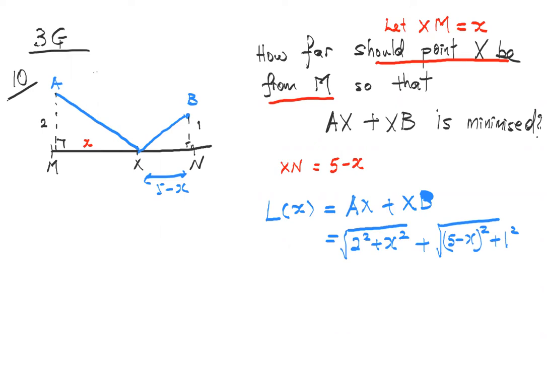In this case, I will not use the quotient method just now, because there is a plus. Clear? So I will just differentiate it separately. Now you continue with your differentiation. Square root of 4 plus x squared, plus square root of 26 minus 10x plus x squared. I hope you know what I am doing. You expand the (5 minus x) squared.